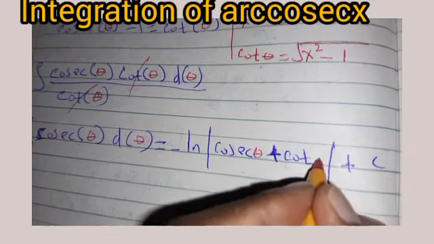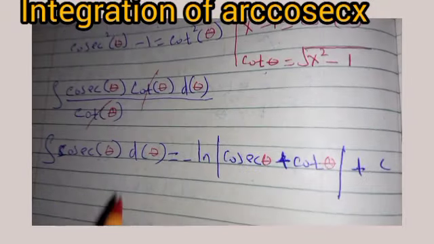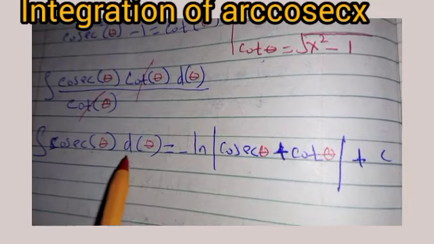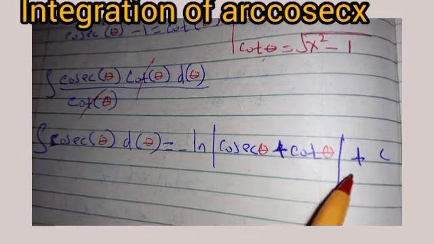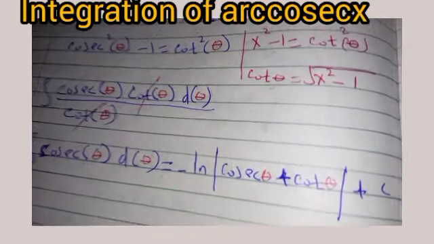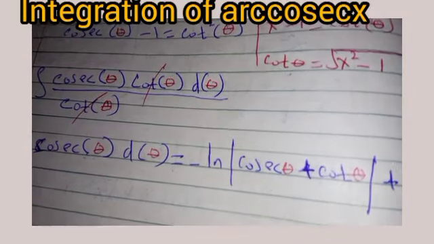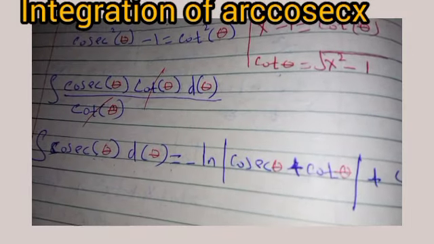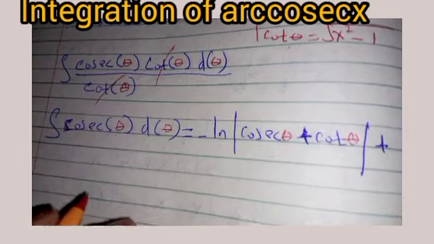So when you integrate cosec theta, this will be the result which you are going to get. The process, of course, is not in this study; you can check my other videos.